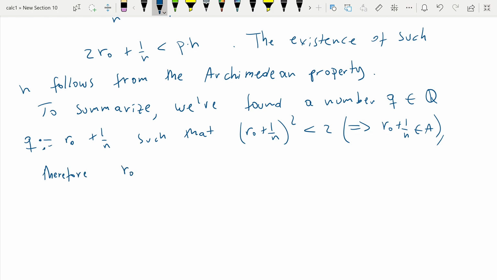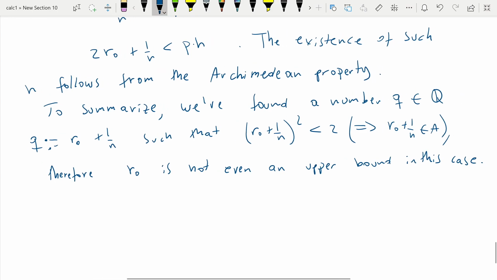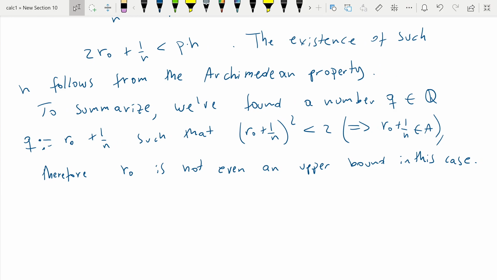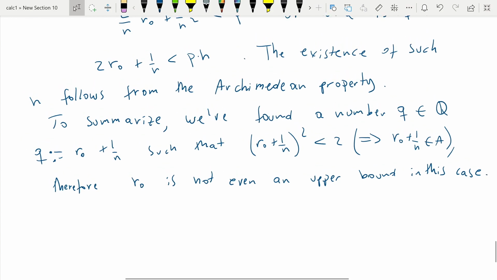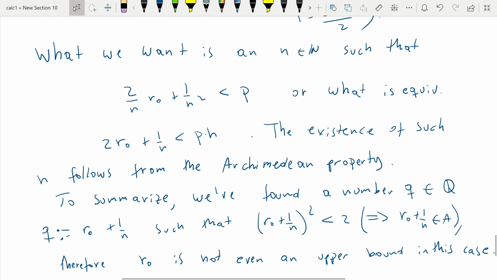Therefore, r naught is not even an upper bound in this case. There's an element inside A that is bigger than r naught, right? So r naught is not an upper bound, so much less the least upper bound.